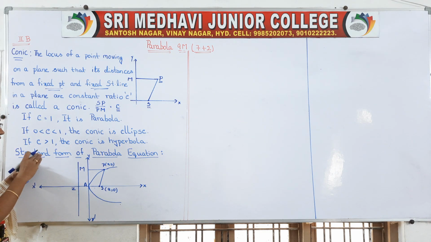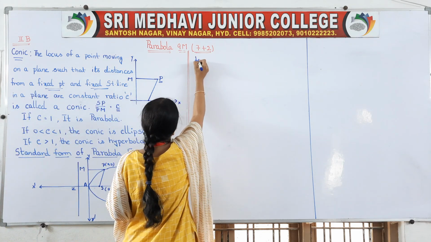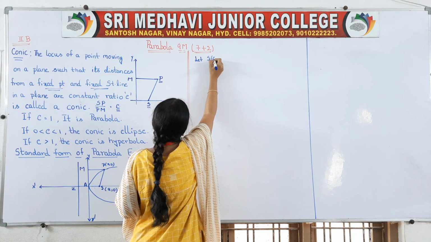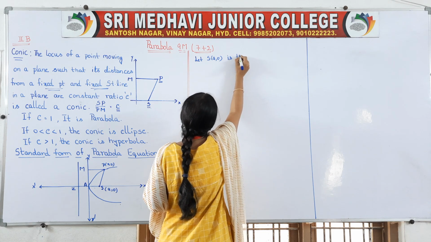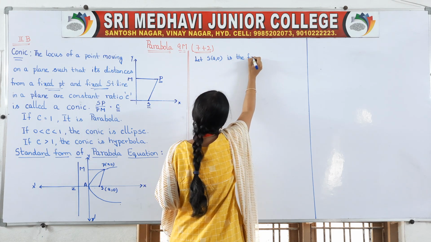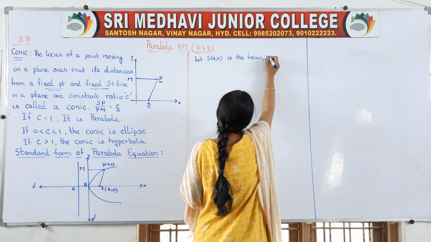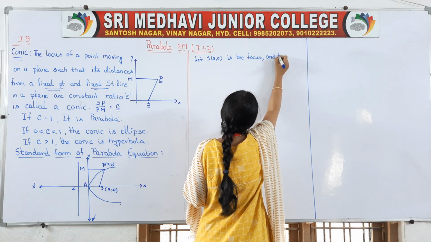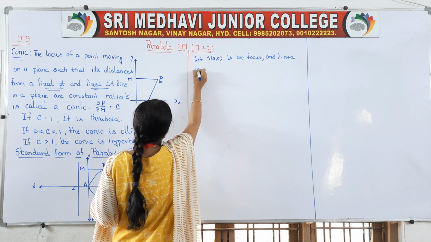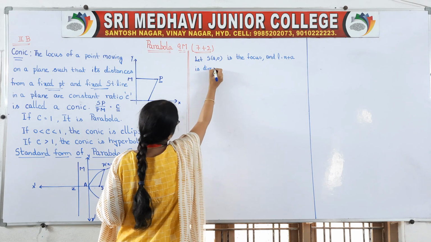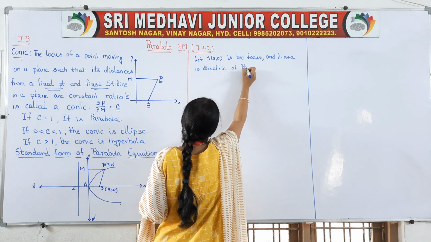So we are giving the standard form of the parabola equation. Let (A, 0) be the focus, and the directrix equation is L: x + A = 0, the directrix of the parabola.